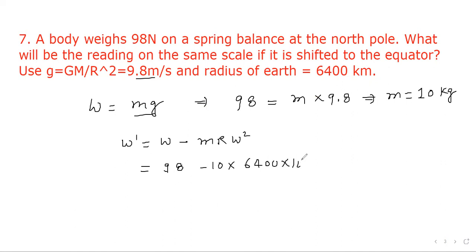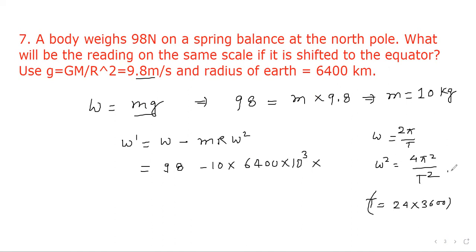6400 into 10 to the power 3 meter, into omega square. Omega is the angular speed of Earth. So 2 pi by T is equal to omega. So omega square will be equal to 4 pi square divided by T square. And the time period for Earth is 24 hours, so 24 into 3600.